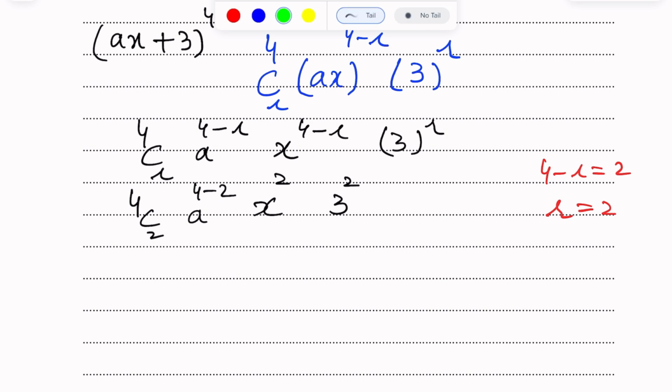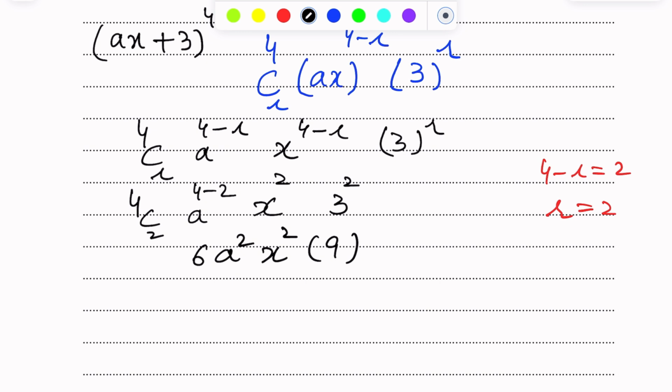3^2 will be 9. 4C2 will be 6. So this will become 6a^2 x^2 into 9. Finally we get 54a^2 x^2.